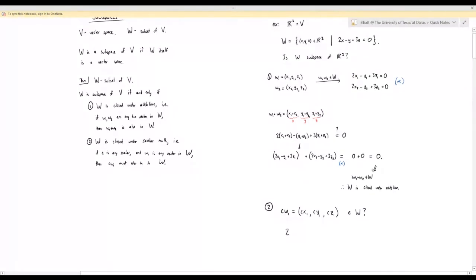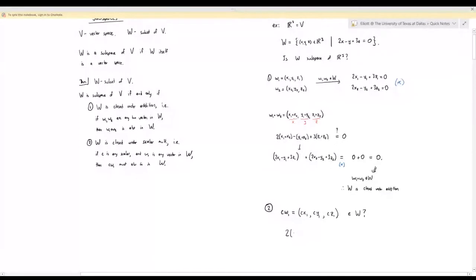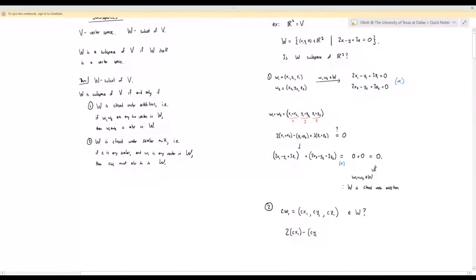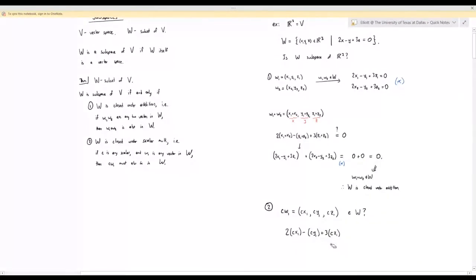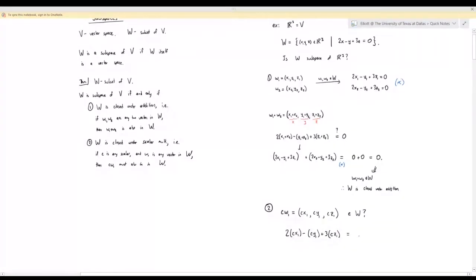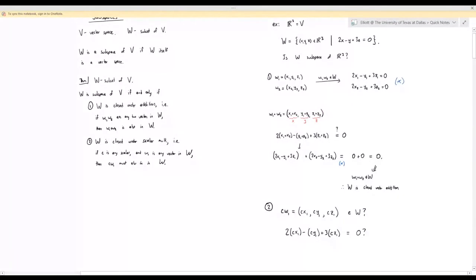So if we take the x component, the y component, and the z component, we plug those into the left-hand side of this equation. We want to check, is this going to be 0 or not? In this case, we can factor the C out of all three terms.